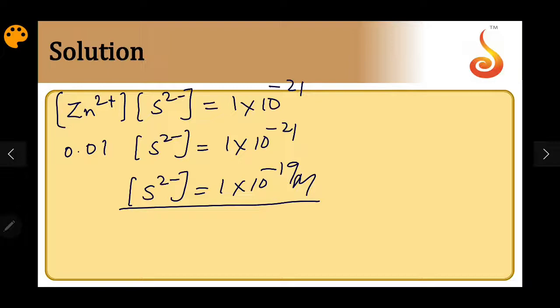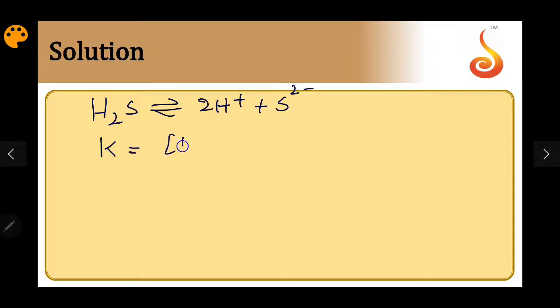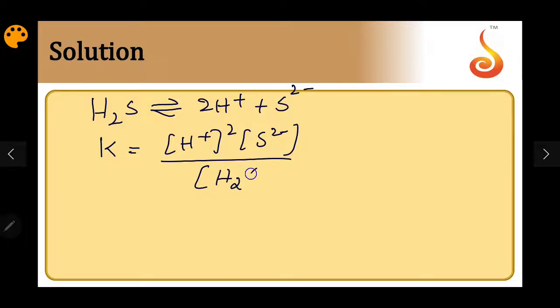So I'll go to the next slide for this. H2S dissociates to give 2H+ and S2-. So overall Ka is given as H+ ion square into S2- by H2S. K is given as 10 power minus 20, H+ ion concentration whole square, I don't know.